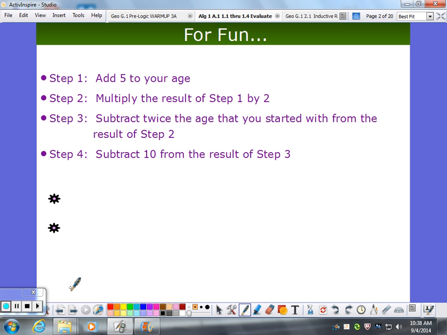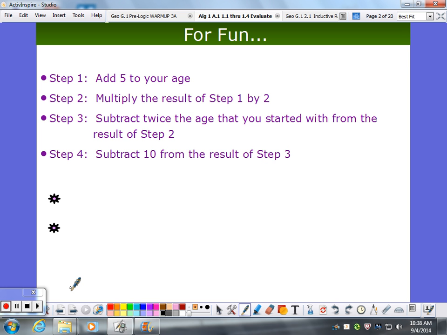Just write your age and add 5. The directions are up here if you need to catch up. Okay, now you have a number, right? Multiply that number by 2. You took your age, you added 5, now you're multiplying that number by 2.